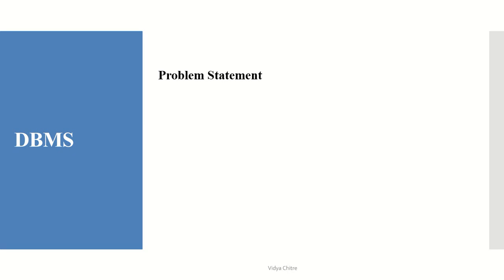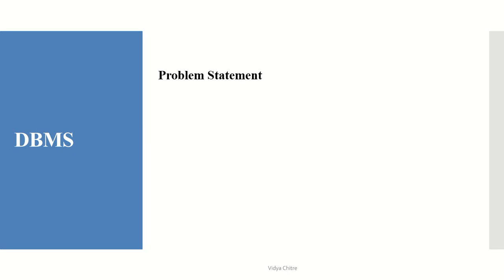From that, we first have to create the ER diagram, a pictorial representation of it. And from that, we have to create the tables. That means we have to convert the ER diagram to the relational database. That is our first experiment, and we will be considering all these things in this session.